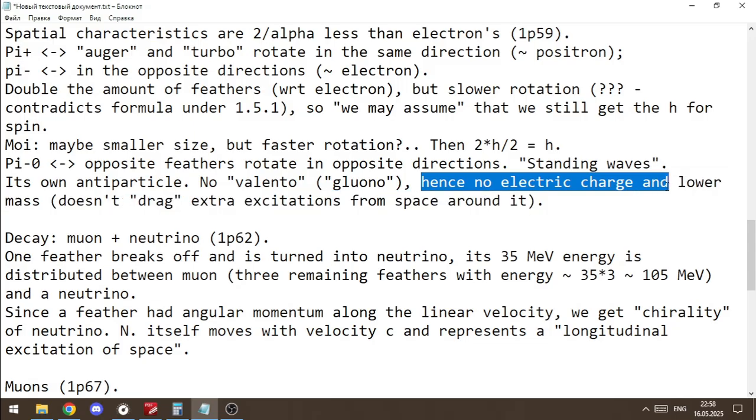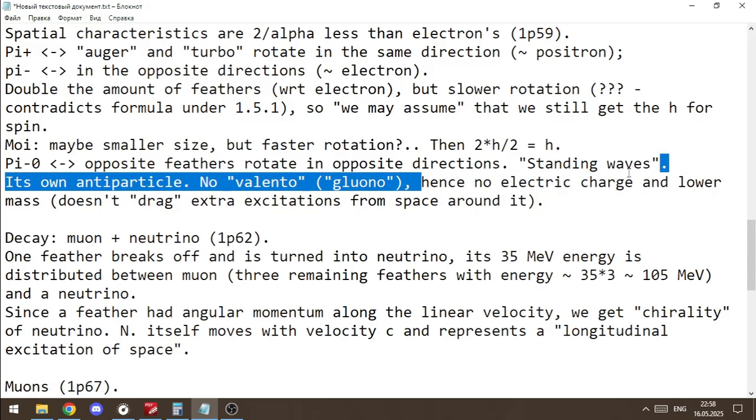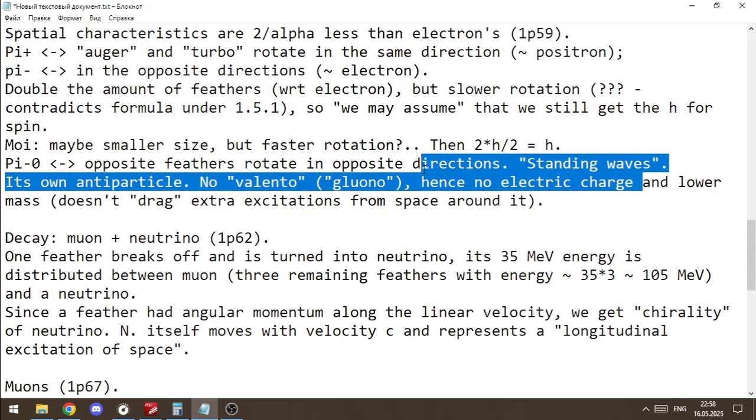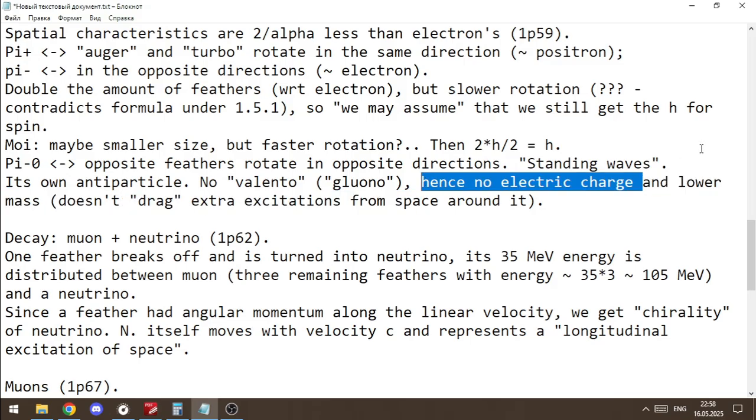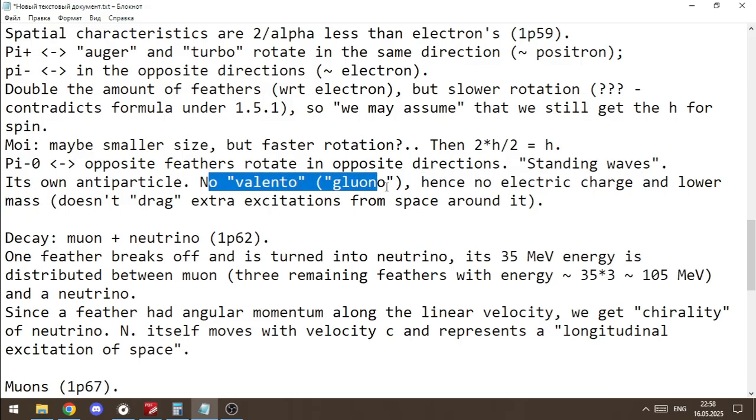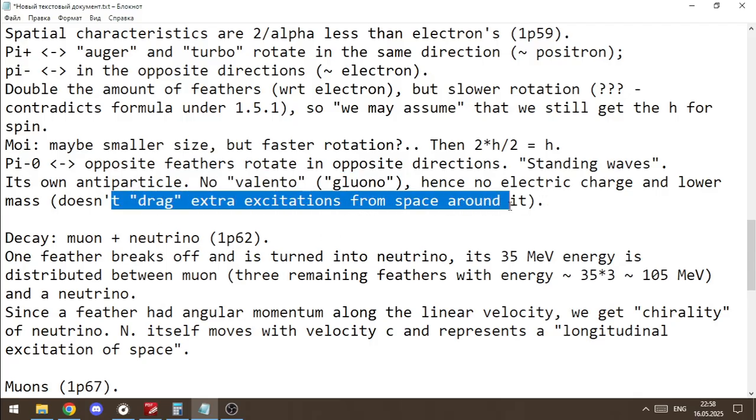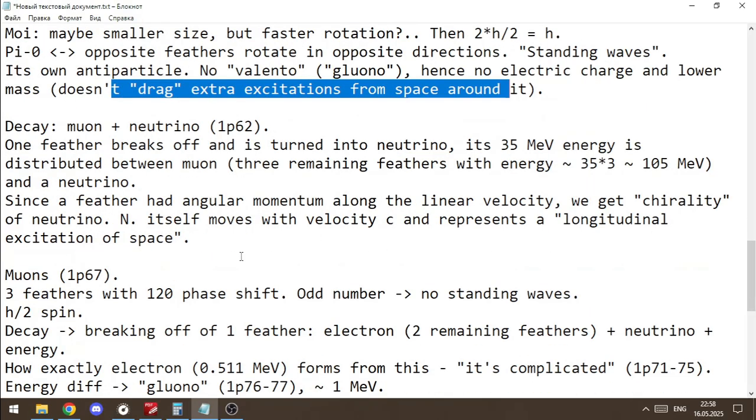That's why it doesn't have an electric charge, which once again represents kind of a long range interaction of substance. Right. When you look at the particle from far away, then it has this integral characteristic as electric charge, for example. So pi 0 doesn't have it. And it has lower mass because, again, it's not hooked onto the near space, right? Doesn't drag extra excitations. This is my comment.